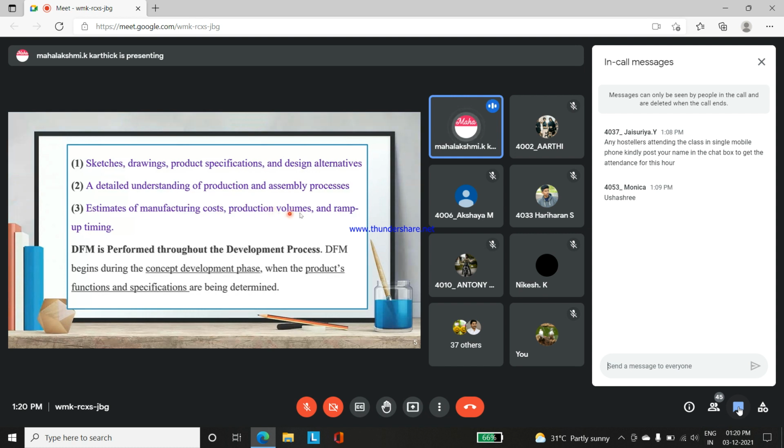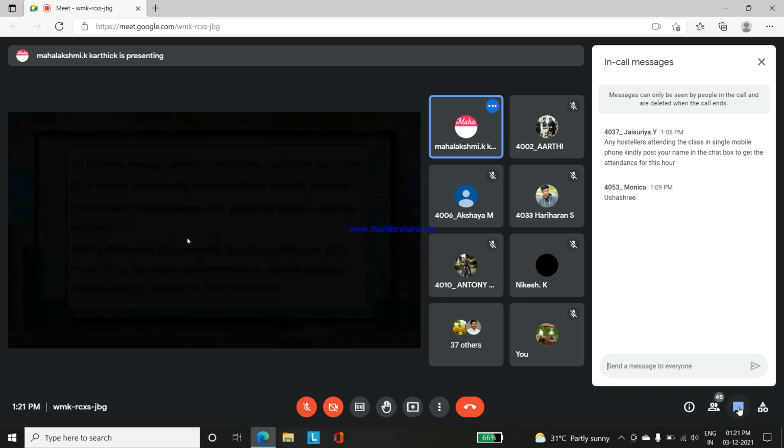Ramp-up time: suppose for the beta version of the product the customers are in demand, at once how you have to train the laborers and speed up the process. So all those details will be utilized.